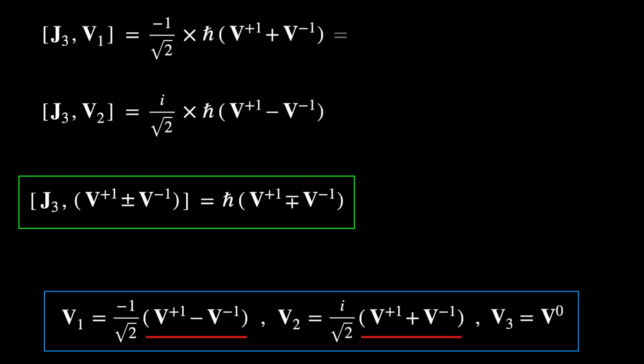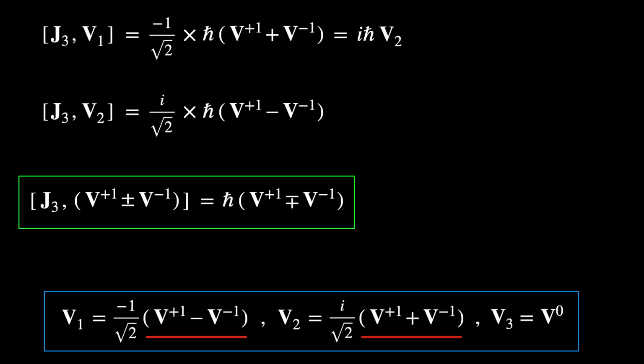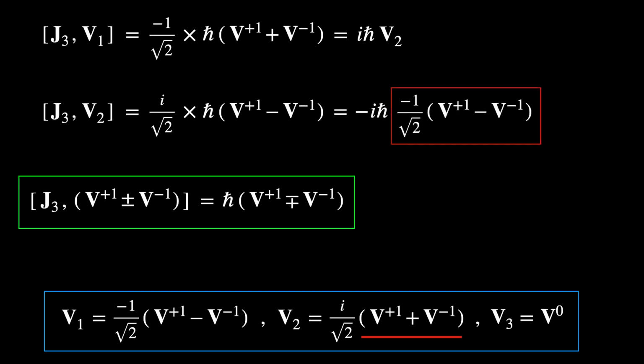The first one can be written as, and we recognize that the term in the red box is just V2. Now for the second commutator, this can be written as, and the term in the red box is just V1.